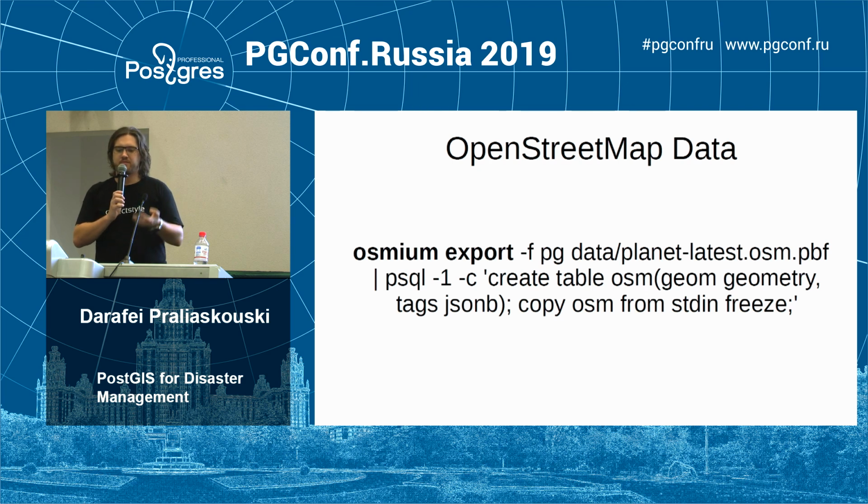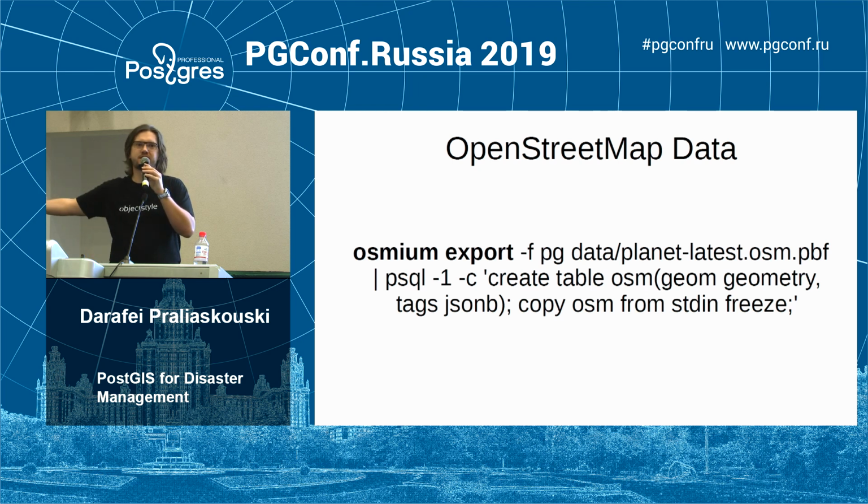Now it became as simple as possible because we have the osmium command since version 1.10, and it can make output format PG. You just say I would like to export file data planet latest OSM PBF into PG format, and that's it. The main problem was everyone was trying to take unstructured OpenStreetMap and make it into structured data, to have columns.